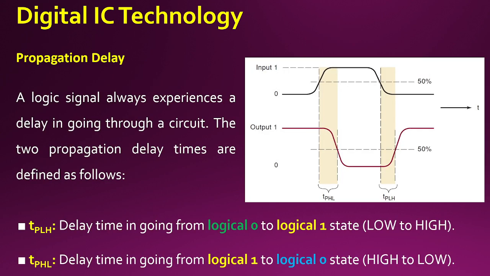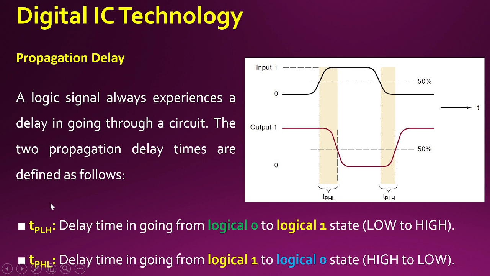Now what is a propagation delay? We can see we have provided an input where the zero state changes to 1 state, and it takes some finite amount of time. The valid input will be just when it crosses 50%, and this particular zone will be considered high.